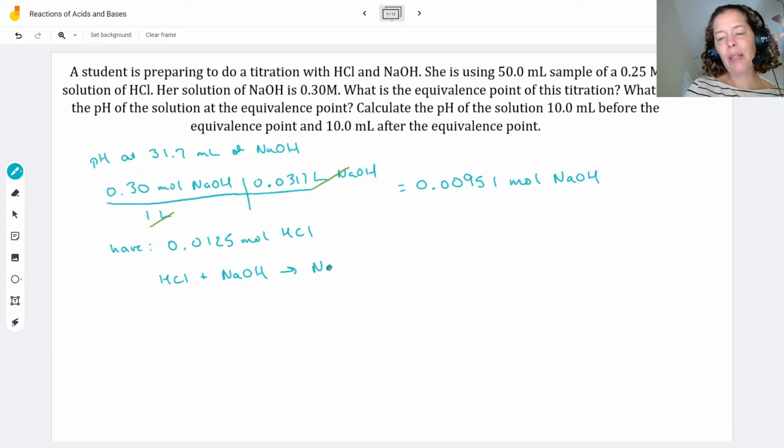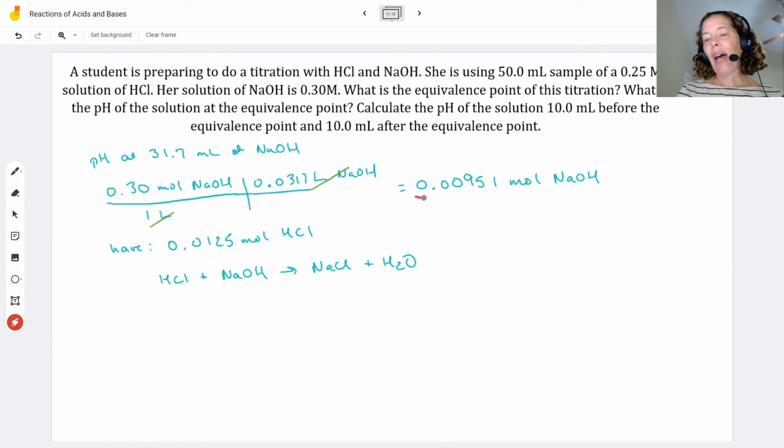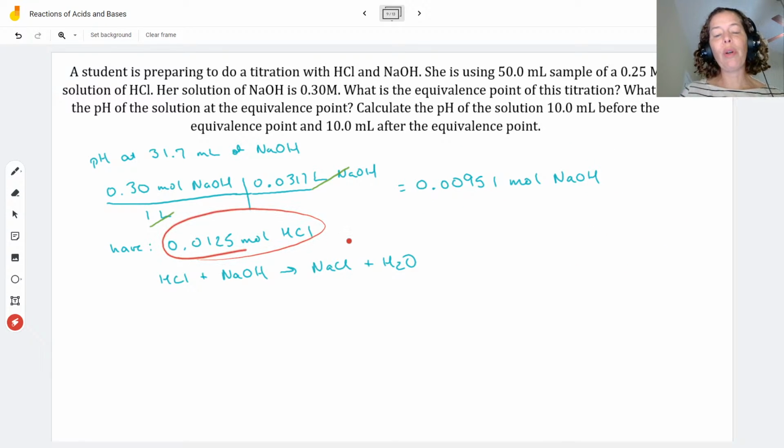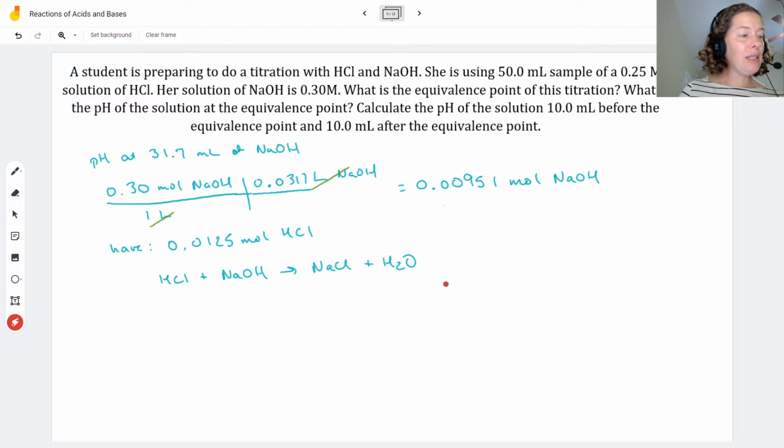Okay, remember we're making sodium chloride plus water. I have a limiting reactant or a limiting reagent problem here, but this is going to be an easy one, I promise. I know that I have added my 0.00951 moles, but I started with 0.0125. Remember, what is the stoichiometric ratio here? It is a 1-to-1 ratio. That means, let me just go ahead and show this.